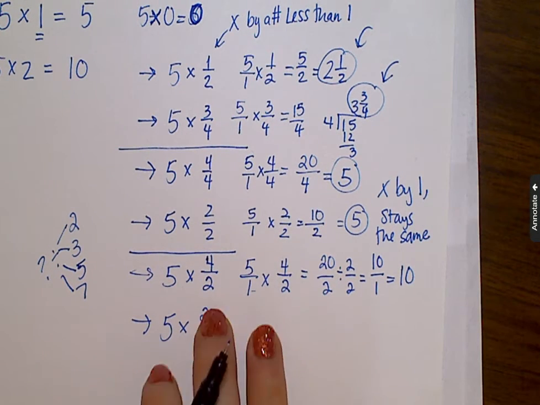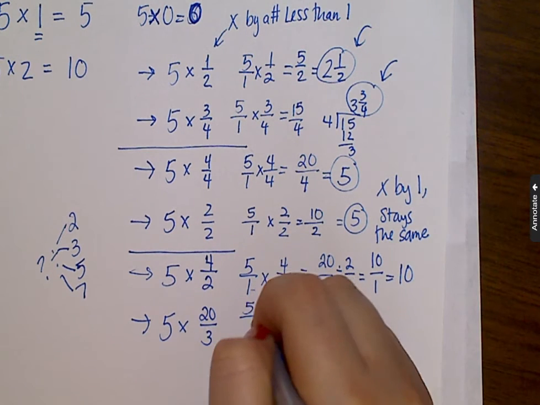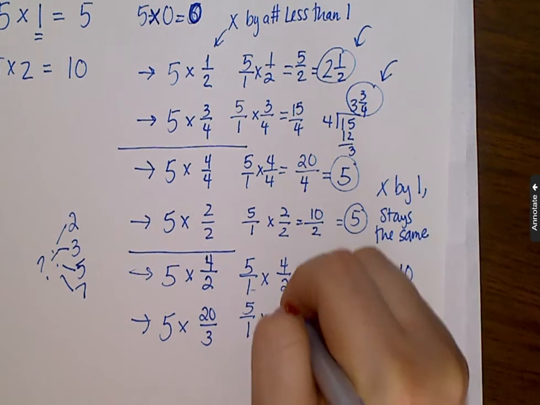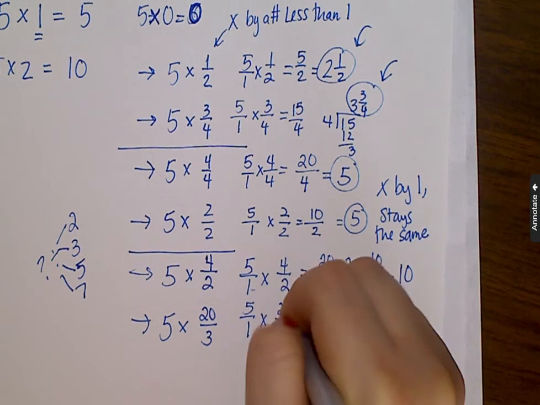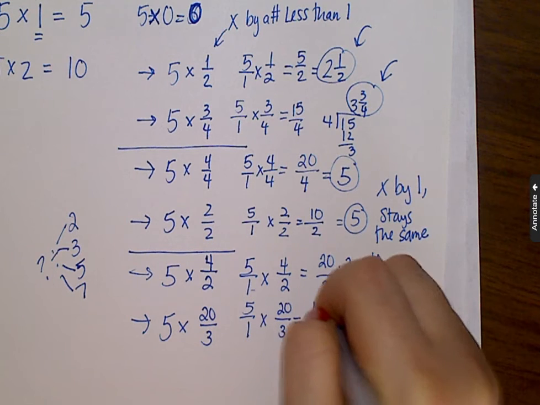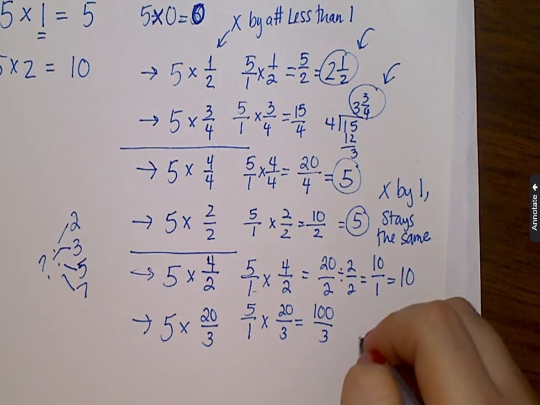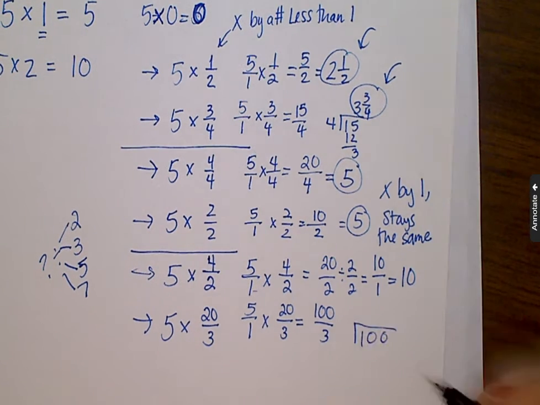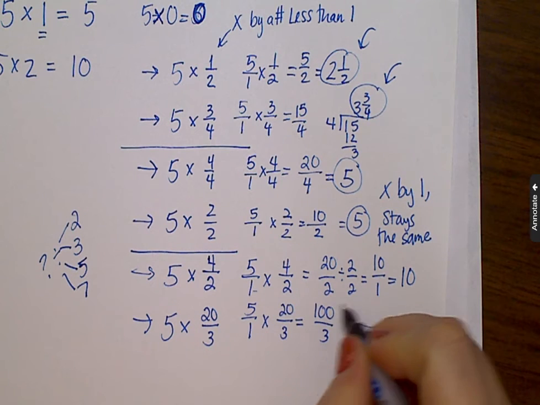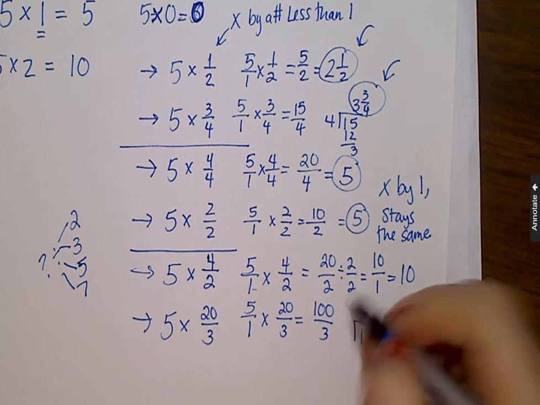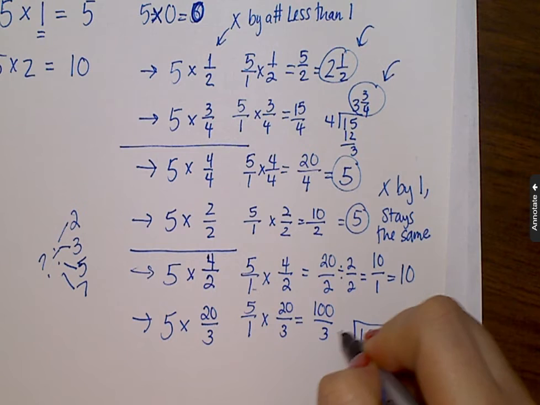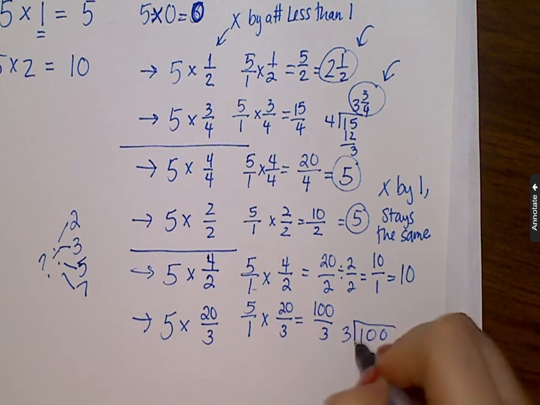And we're going to do the same thing. 5 over 1 times 20 over 3 gives us 100 over 3. For this one, there's nothing I can simplify by, but I do need to find out my answer. To change this fraction into a decimal, just like in our last unit, we put top in, bottom out.